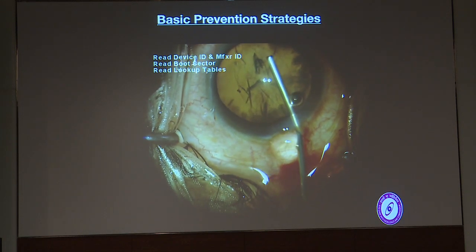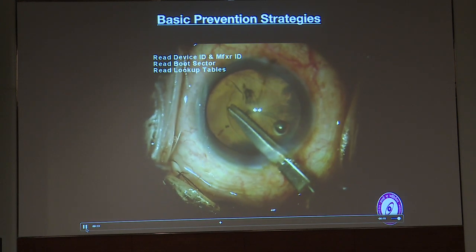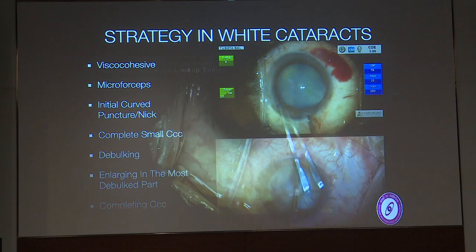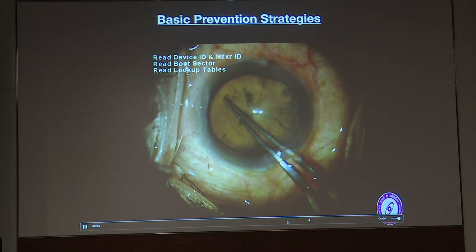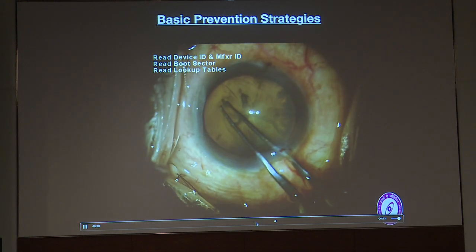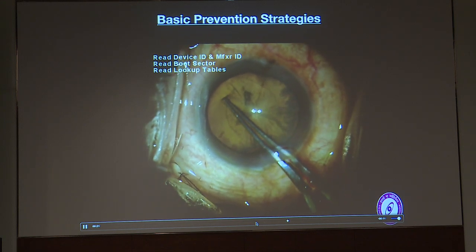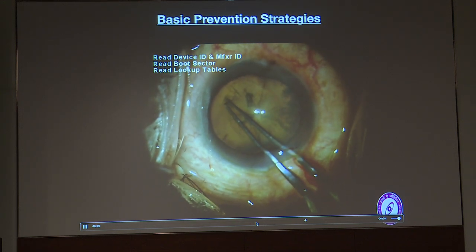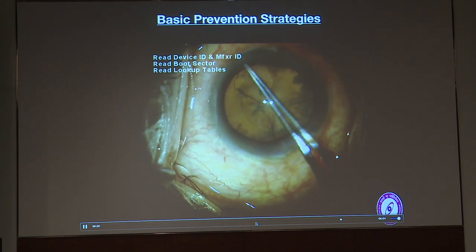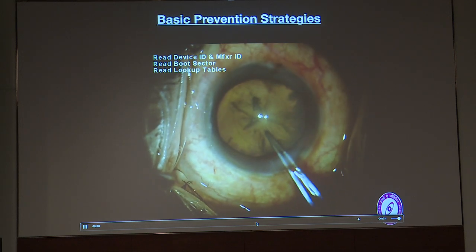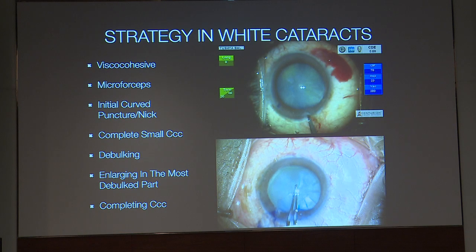So what happened here is, because the capsulorhexis margin had gone towards the periphery, I made a nick on the opposite side of the rhexis and tried completing it, as it had crossed beyond the iris margin.